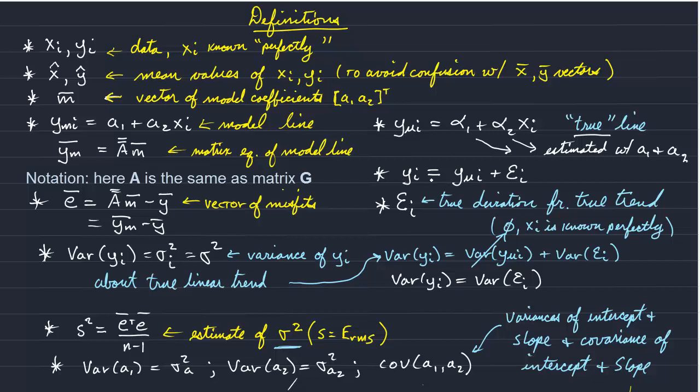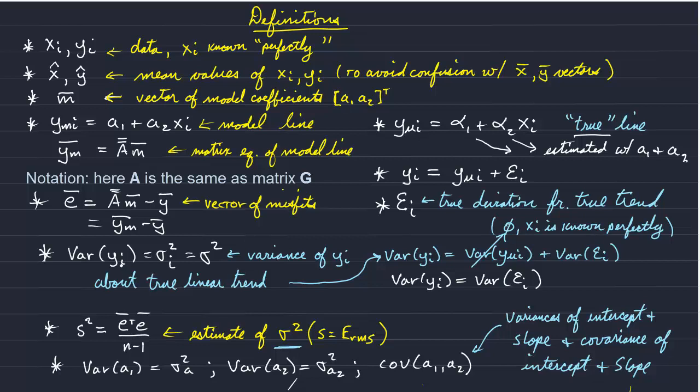And our data is the sum of this true line plus all the natural processes or errors in our measurements that are not related to the true linear trend. And this is our noise. Okay, and this is our true deviation from the true linear trend.